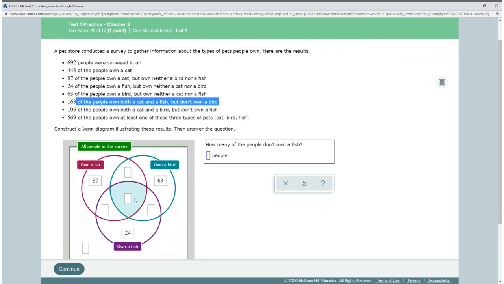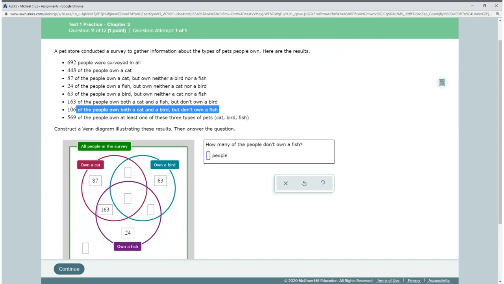So that's the people that own a cat and fish only. 106 people own both a cat and a bird, but don't own a fish. So that's 106.